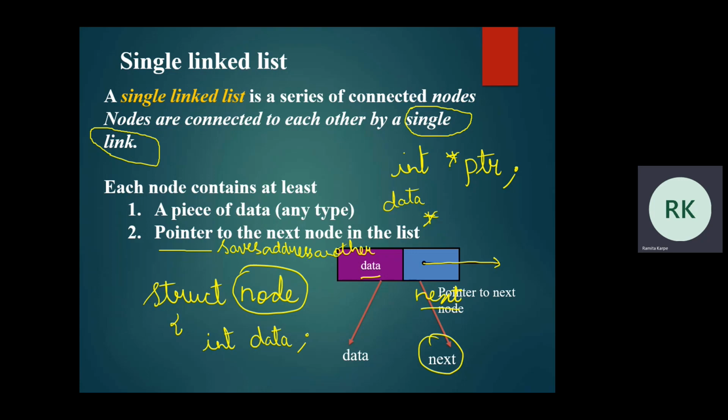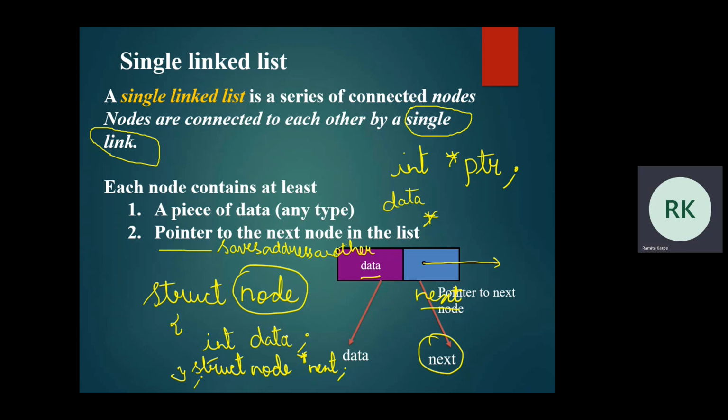What is the type of that node? We cannot use the built-in data types for that node, so that's why we are declaring our own data type. What is the type of that next node? It is nothing but struct node. Struct node star next semicolon, close the bracket and a semicolon.